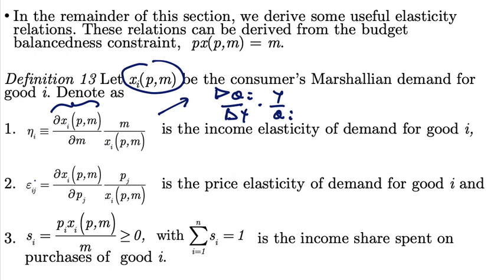Now let's look at the second one. Epsilon ij is the price elasticity of demand for good i. That is, differentiate the Marshallian demand function with respect to price Pj, and then multiply by the ratio between price Pj and the Marshallian demand for good i.